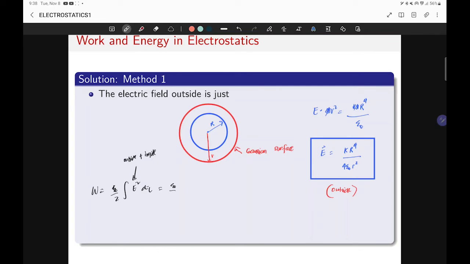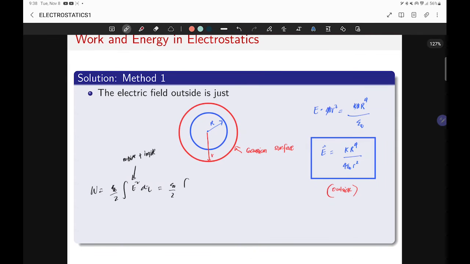Okay, so we have epsilon naught over 2, E squared, this is let's say inside, d tau, plus epsilon naught over 2, E squared outside, d tau.